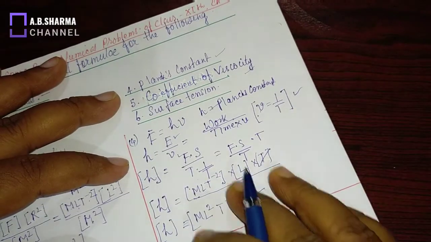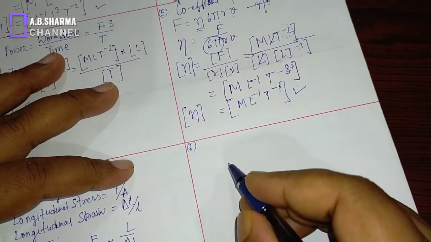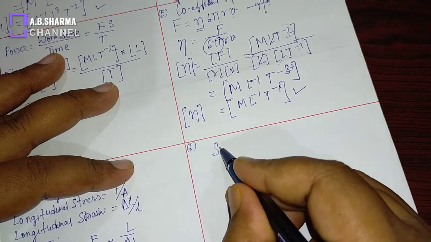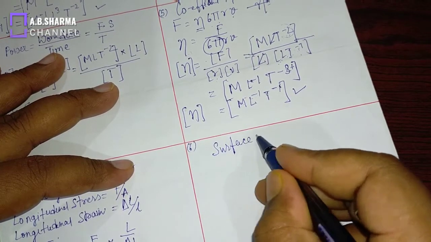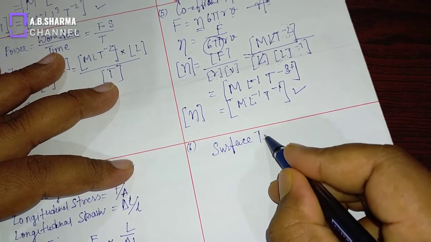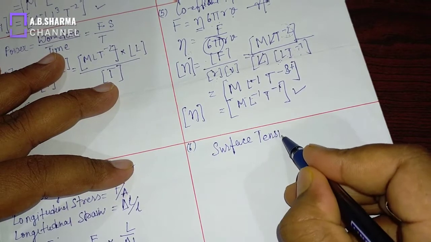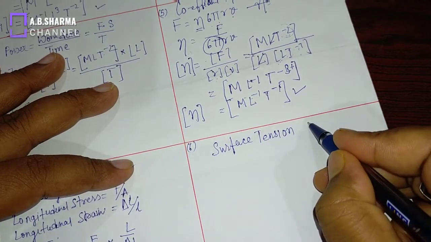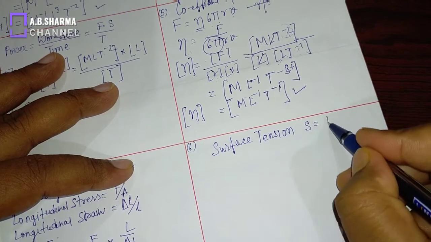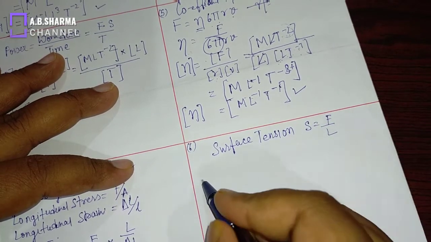Last one, surface tension. What is the formula of surface tension? All these things we will study in fluid mechanics. That is S equals force per unit length.